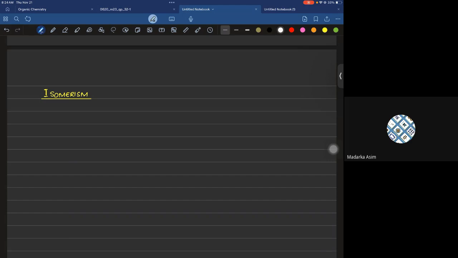But remember, isomerism. Those compounds having the same molecular formula but different structure.